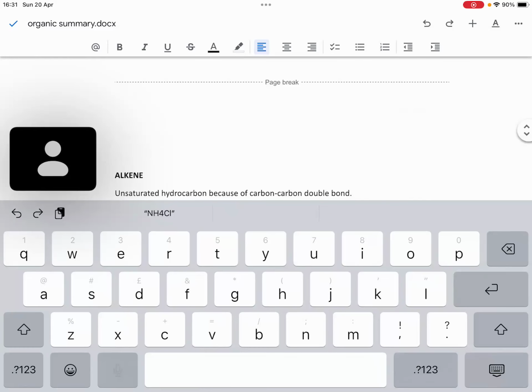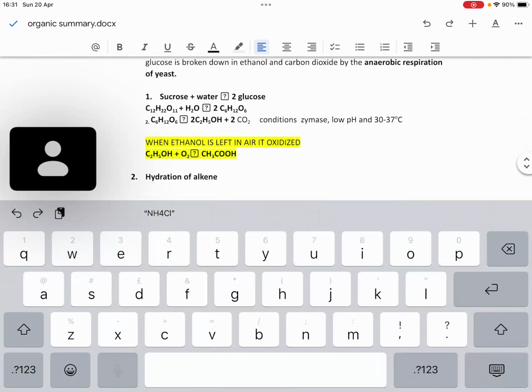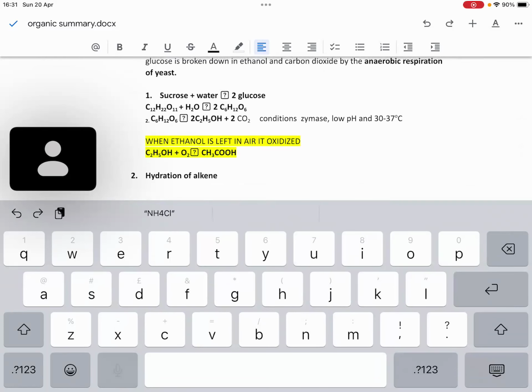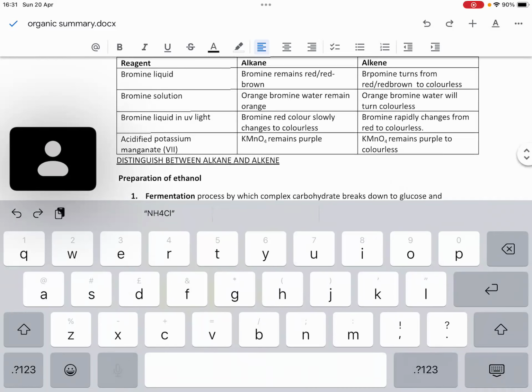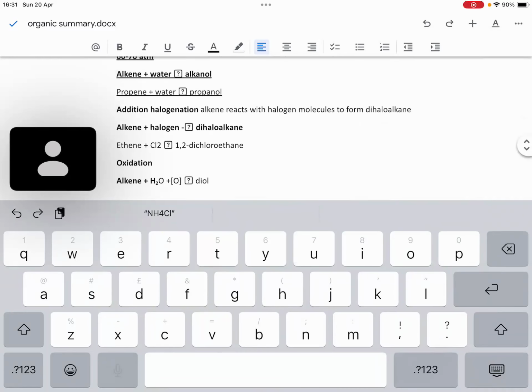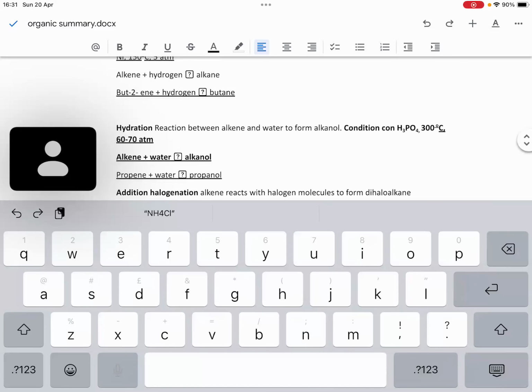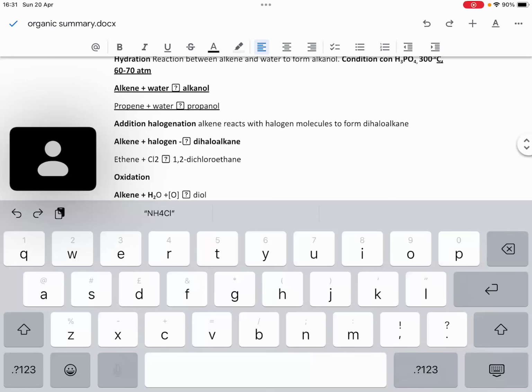We have addition halogenation. We need to understand that there are two types of halogenation. The halogenation that an alkane undergoes is referred to as a substitution, and the one that the alkene undergoes is referred to as an addition halogenation.